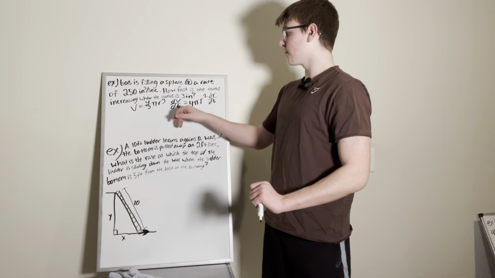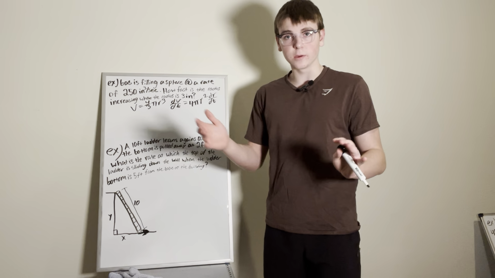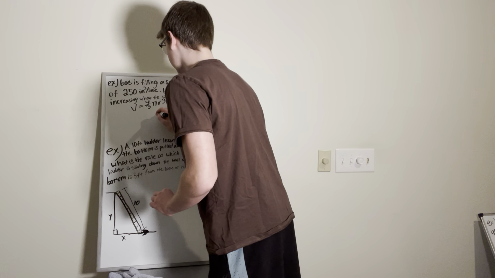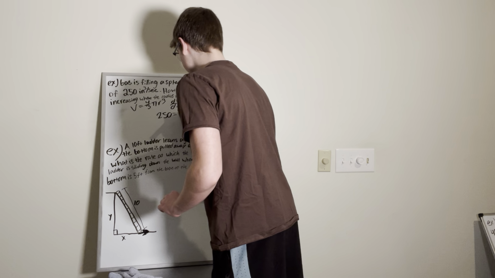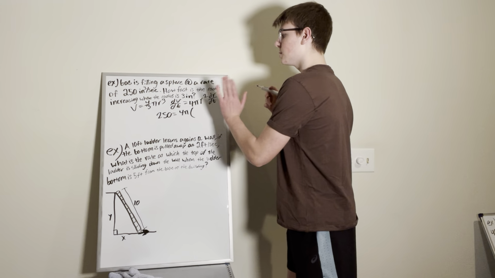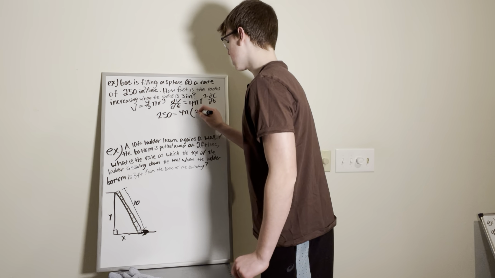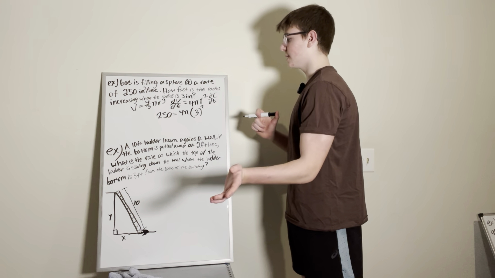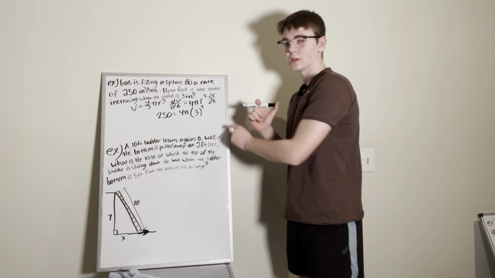We have dV over dt, how fast the volume is being filled over time, which is 250. So 250 equals 4 pi, and the radius is given as 3 inches, so this is 3 squared, times dr over dt, the increase of the radius over time.